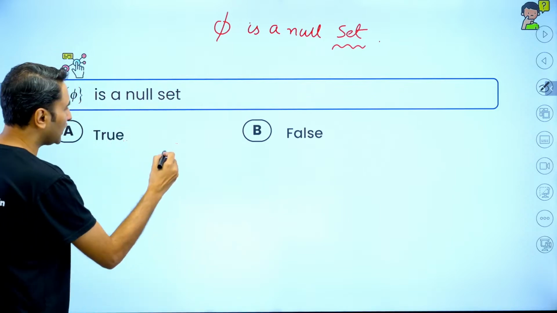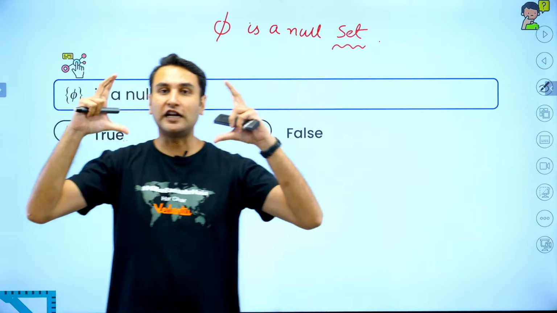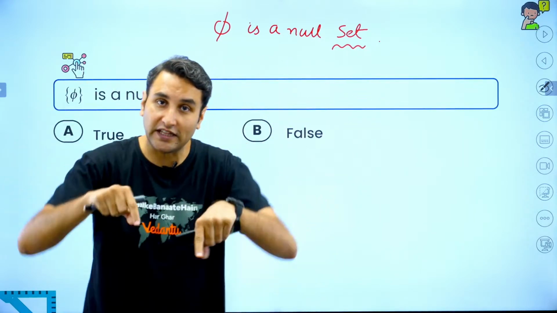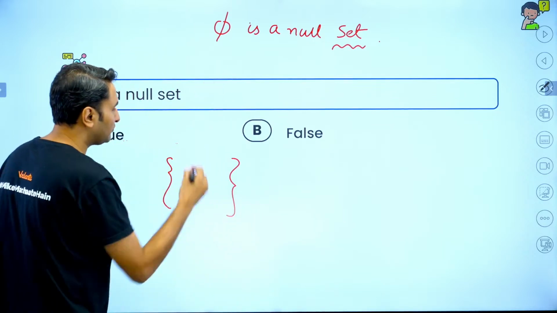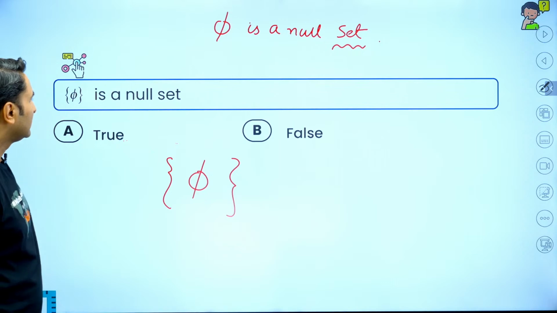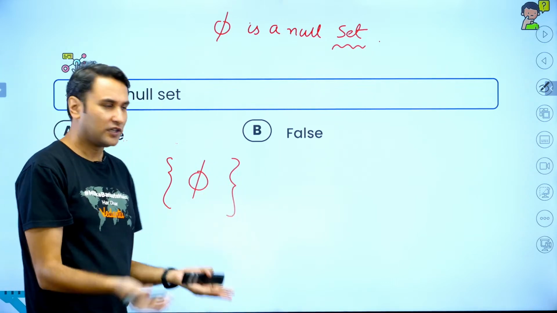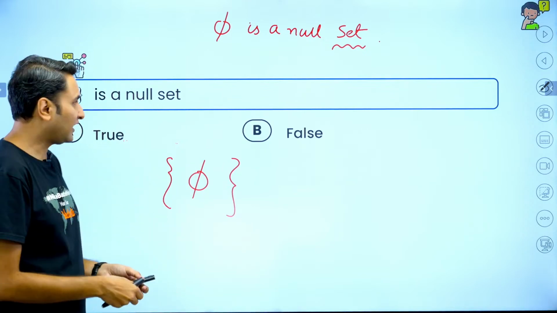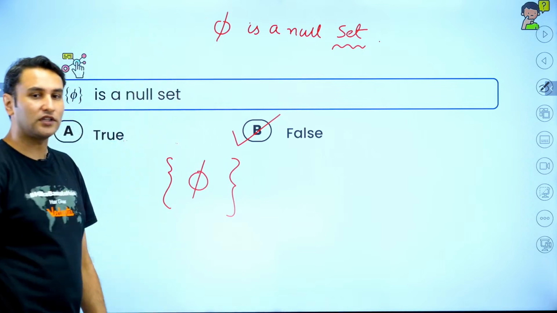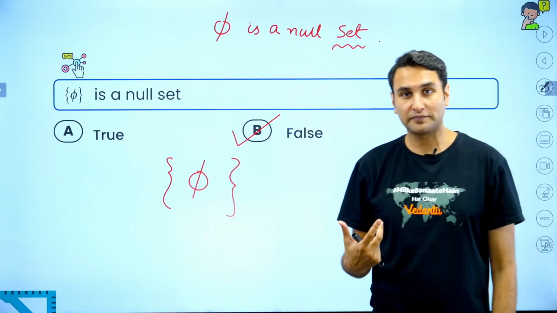Now, what have you done? You have taken another box. The curly bracket means a box. You have put an empty box inside. Right? So is this box empty anymore? No. There is something inside. So is this a null set? No, it is not a null set anymore. Got it? Are you getting what I'm trying to say?